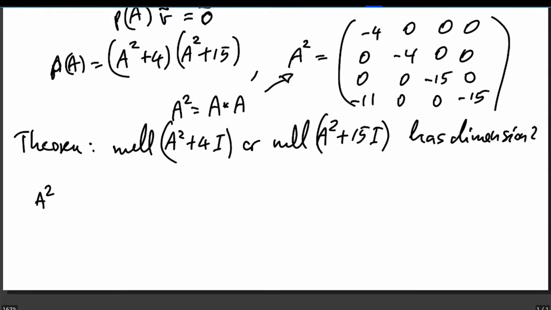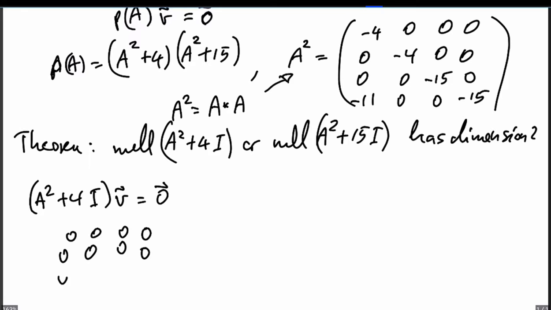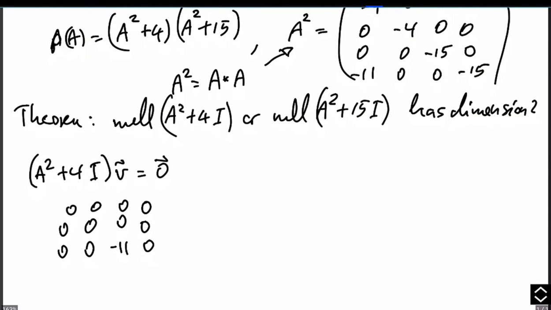If you look at A squared plus 4I and we want to solve the homogeneous equation, adding 4 to the diagonals we get 0, 0, 0, 0, 0, 0, 0, 0, 0, 0, minus 11, 0, and then minus 11, 0, 0, minus 11, and then the augmented matrix.